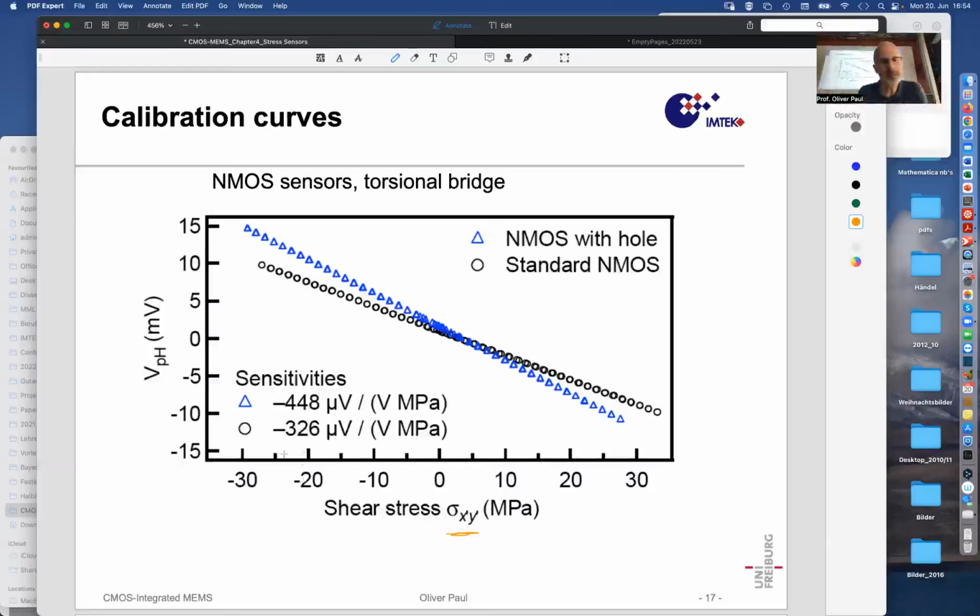And the sensitivity is indicated here with 300 or so microvolts per applied volt per megapascal of stress, and that's a fairly good number.